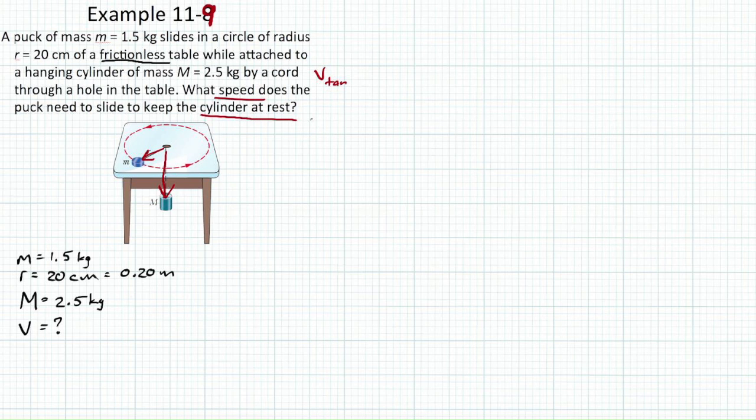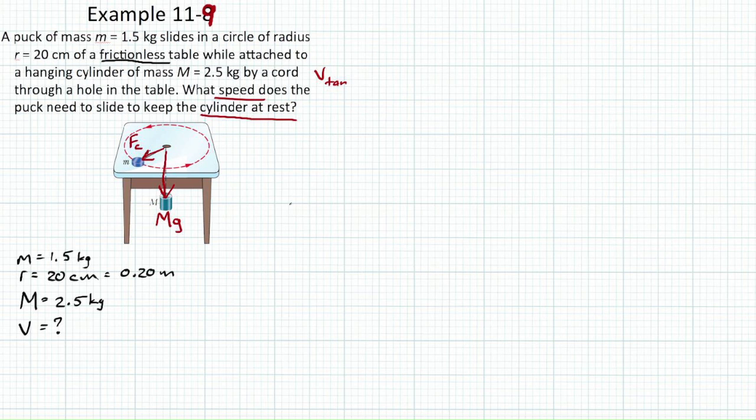The cylinder can't move down, so the tendency of that to be pulled down by gravity, capital M G, has to be balanced out by the centripetal force created by this puck spinning around in a circle right there.